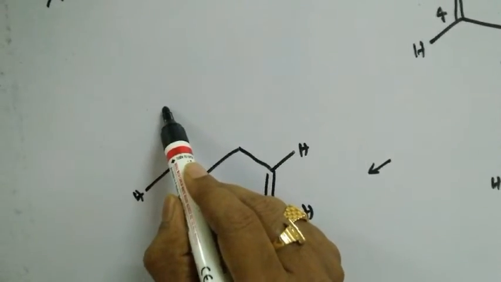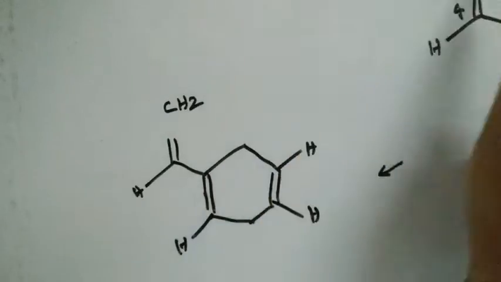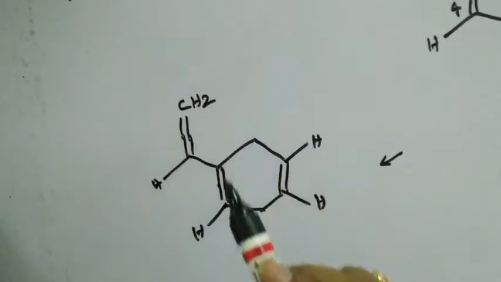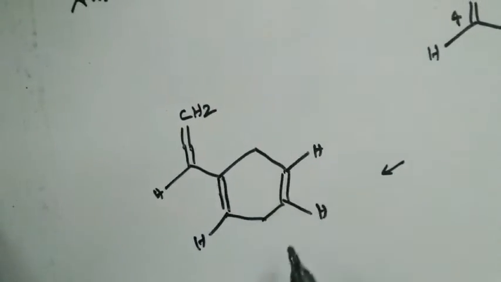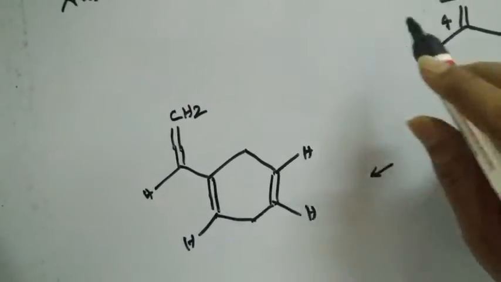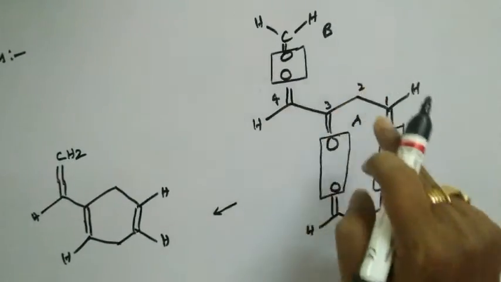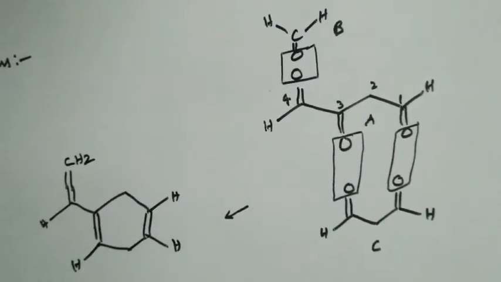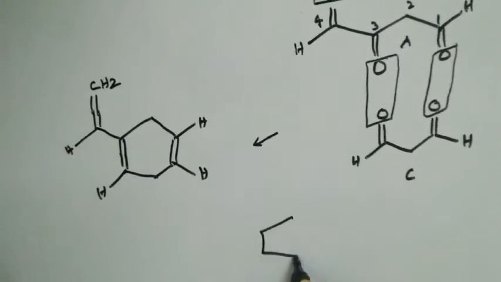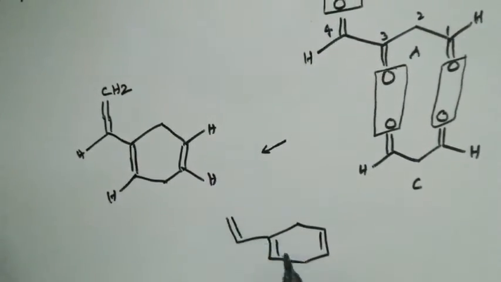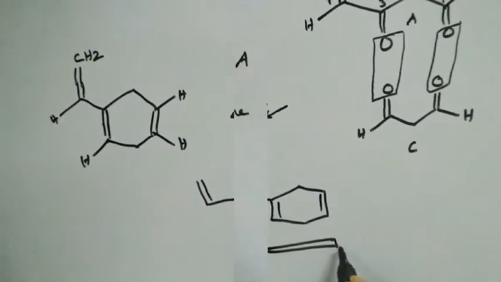A CH2 group from part B, fraction B. So as a result, this is the product that I am getting. So what is the final product that I am going to get? This on ozonolysis will give all these three fragments. Therefore, the initial precursor taken is nothing but, that's it. This is the answer.